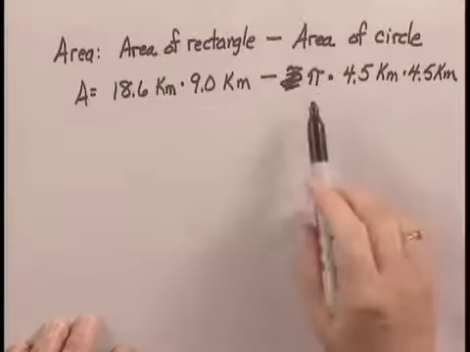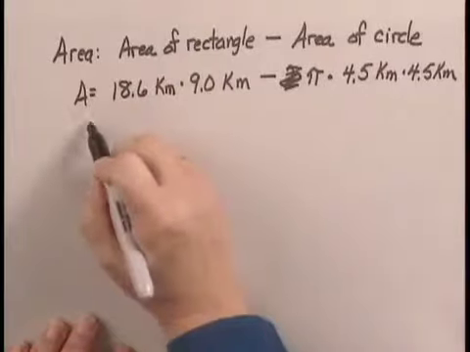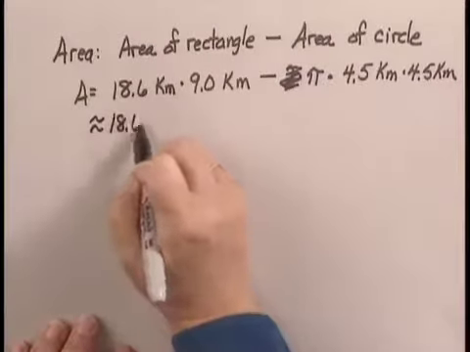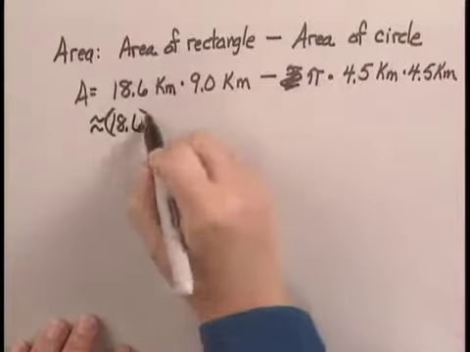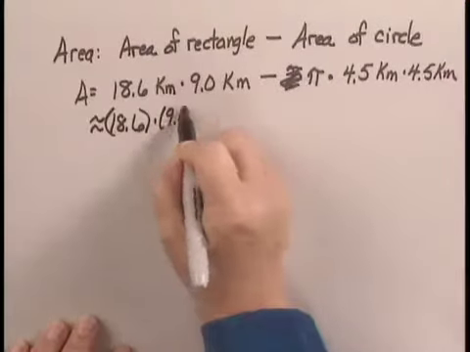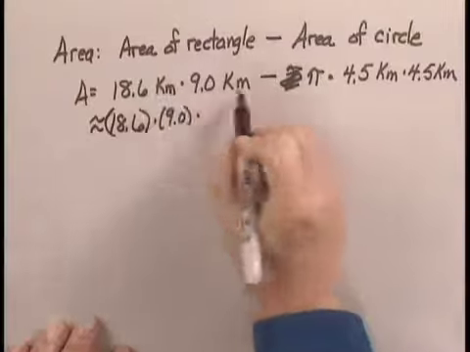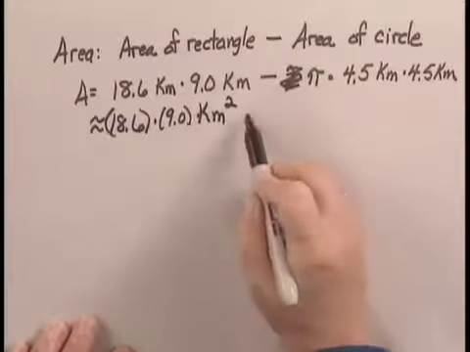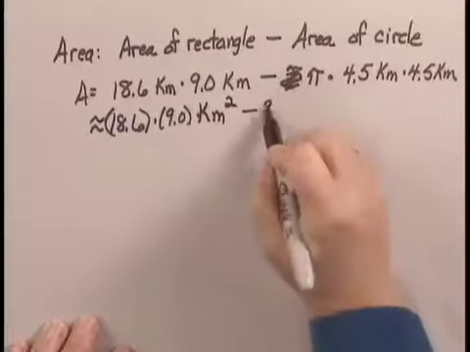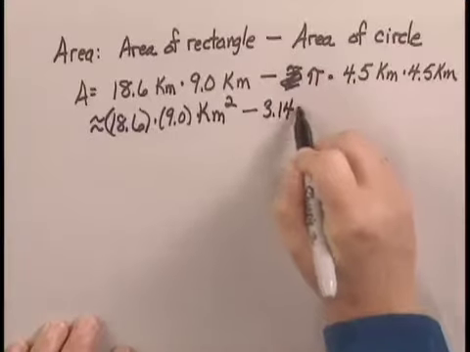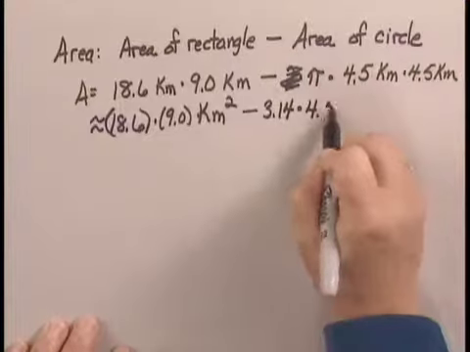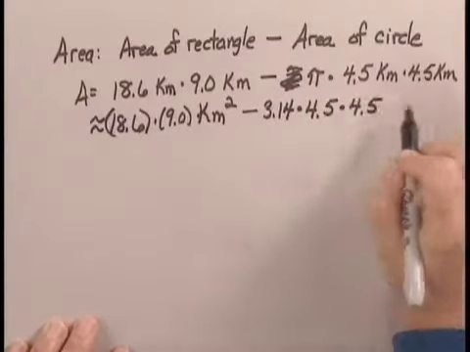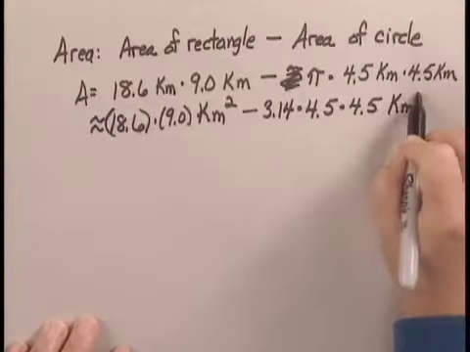On my next step, I'll substitute 3.14 for pi. I have 18.6 times 9.0 kilometers, or I can write that as square kilometers, minus 3.14 times 4.5 times 4.5, and that's also square kilometers.